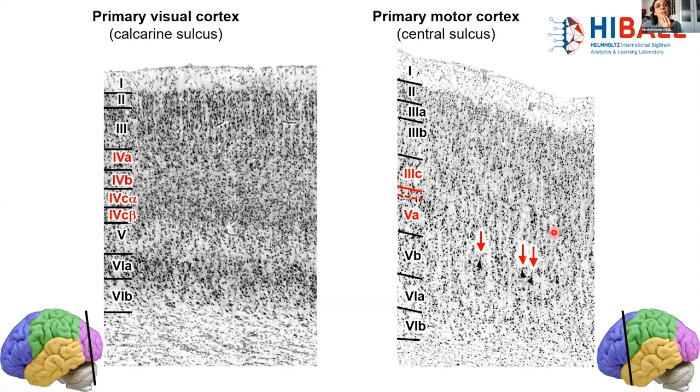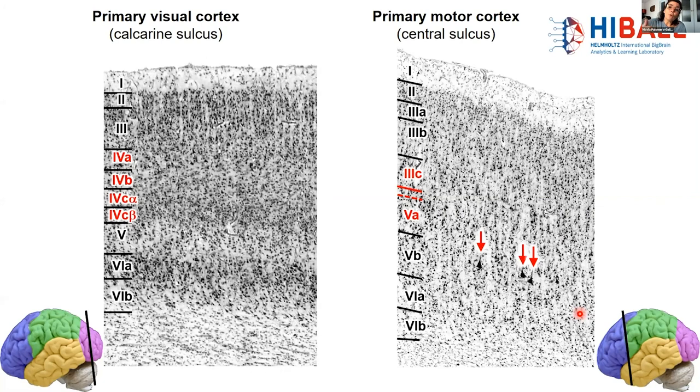That is one characteristic that we use to identify this area. The other one is the fact that layer 5B has these very, very large cells. They're the so-called giant Betz pyramidal cells. And this is also the only part of the brain where we can find them.